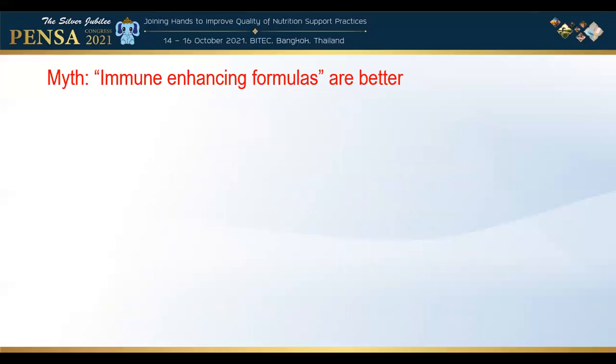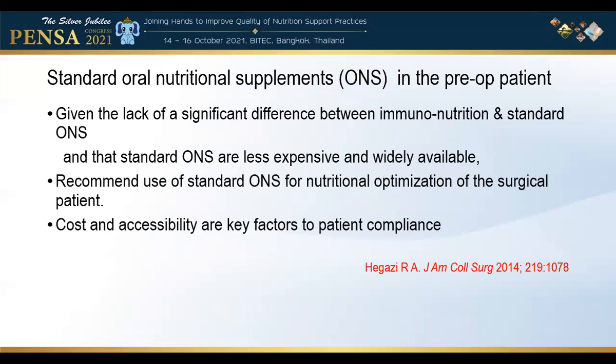There's another myth that immune enhancing formulas are better. And immune formulas have taken a beating over the last few years, even though the definition of immune enhancing formulas itself is a little bit vague. Now, in the preoperative preparation of the patient, because there is no big difference between immune nutrition and standard nutrition, standard oral nutrition supplements are less expensive and widely available.